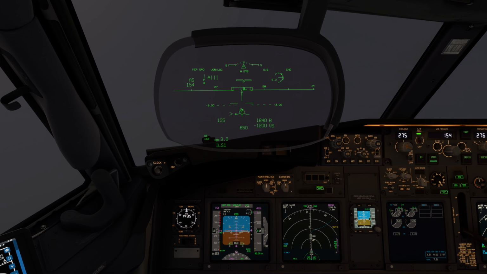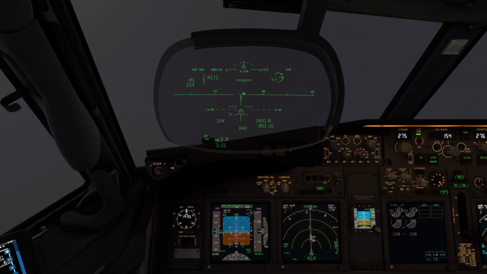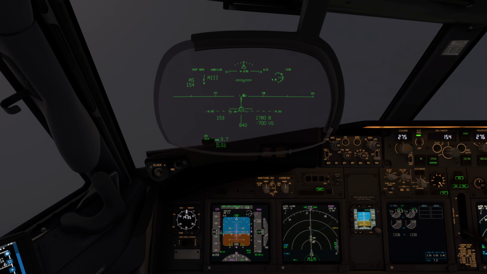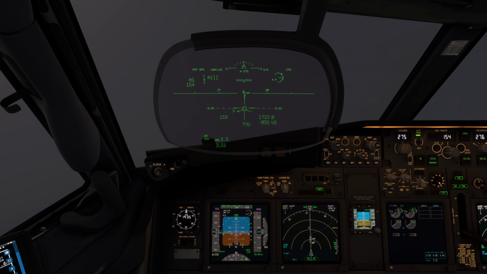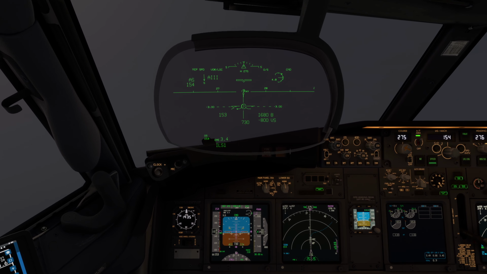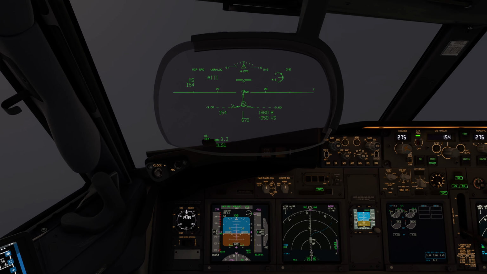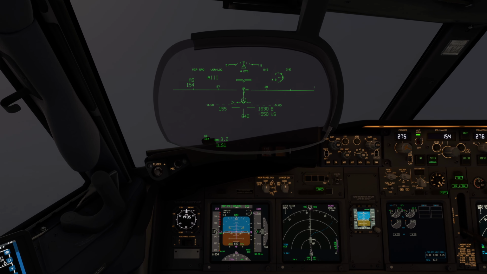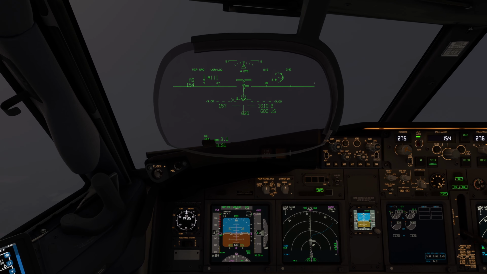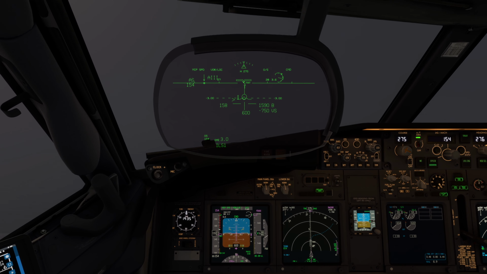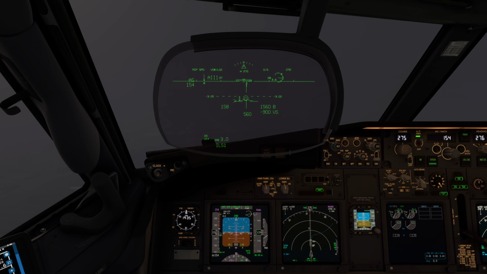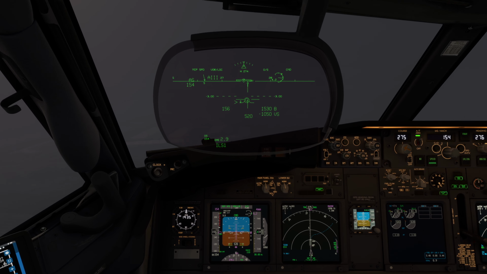Traffic. If hand flying the approach, the HUD guidance would be used throughout the landing.